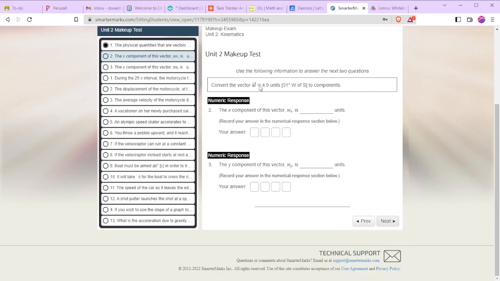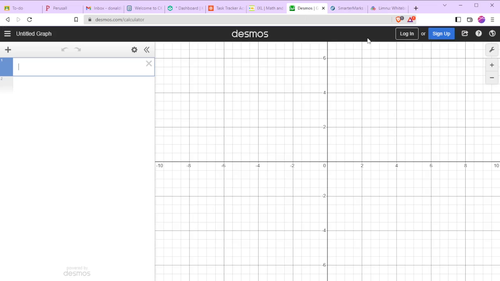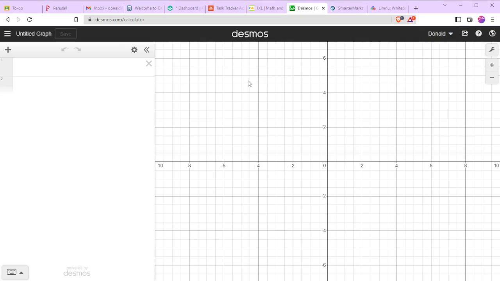Now we want to convert this vector, 4.9 units 31 degrees west of south, into components. So let's take a look at where this is. We can do it with either Desmos or a whiteboard. Let's actually use a generic whiteboard for this one.